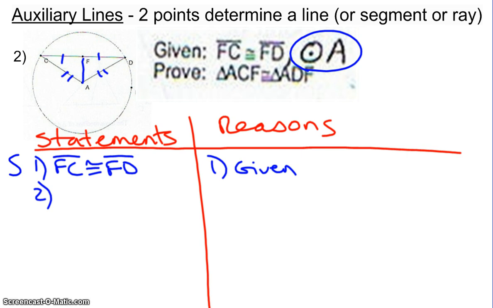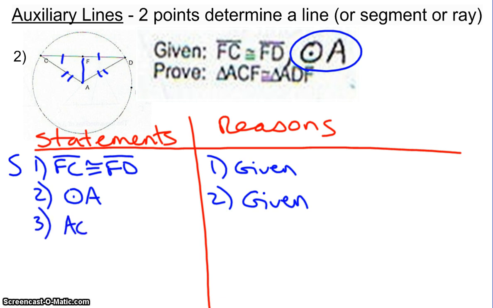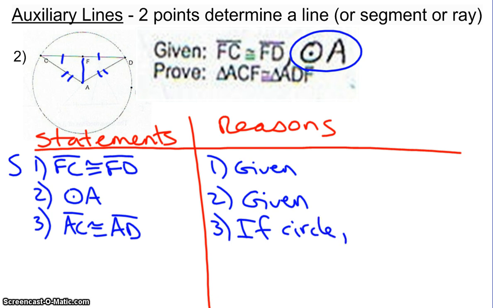Another side that we can say is coming from the fact that it is a circle centered at A. So we can say that our radii are congruent, which are segments AC and segment AD. And that's if circle, then radii are congruent. That gives us the second side.